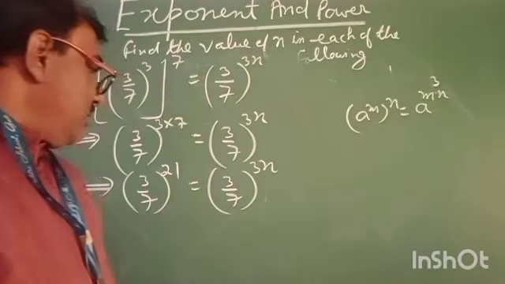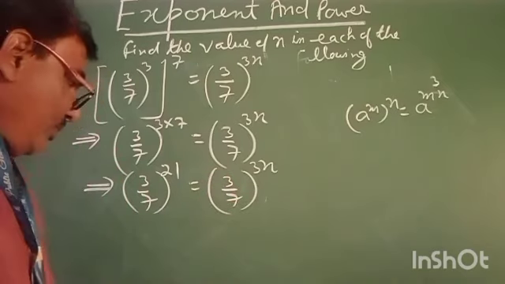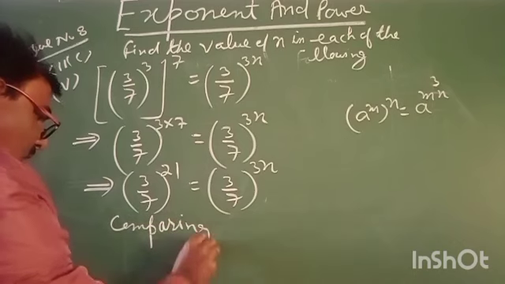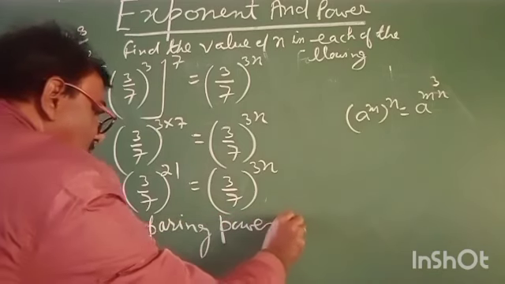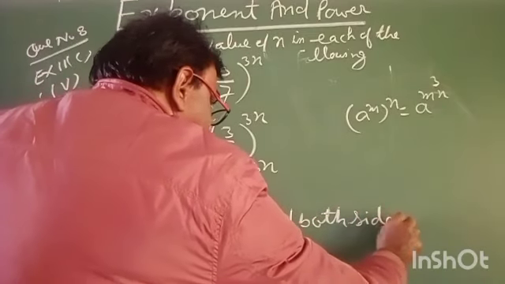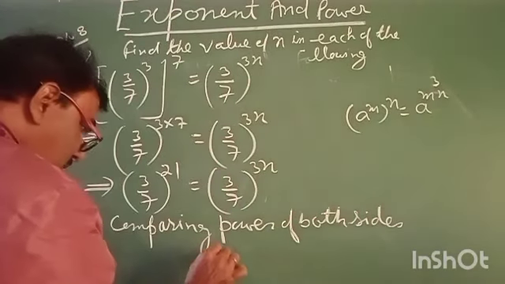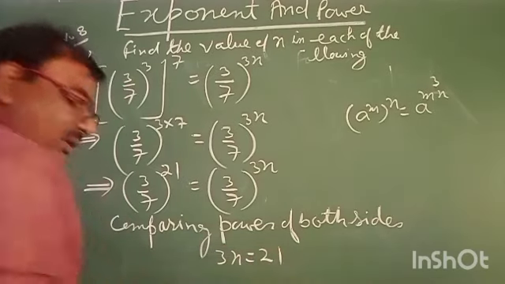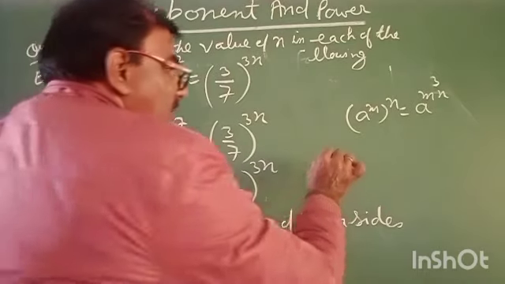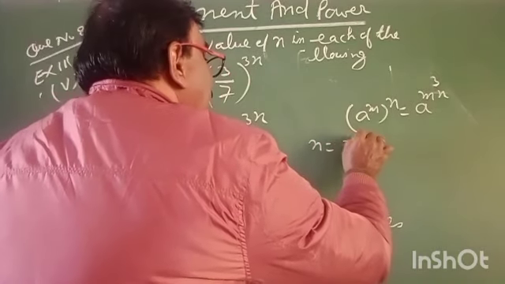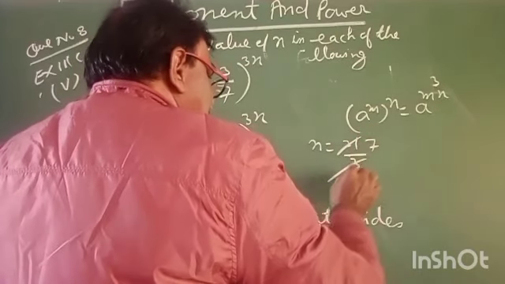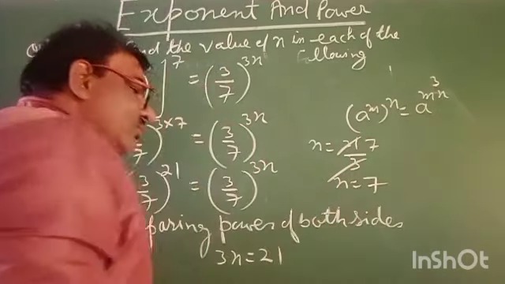So 3n equals 21. So n equals 21 upon 3. 3 sevens are 21. Therefore n equals 7.